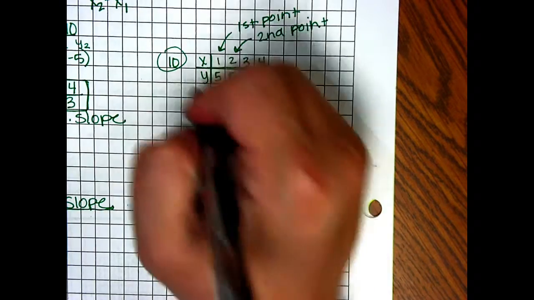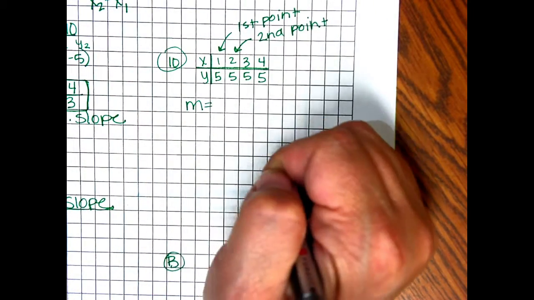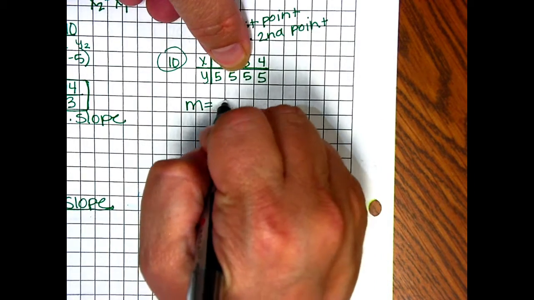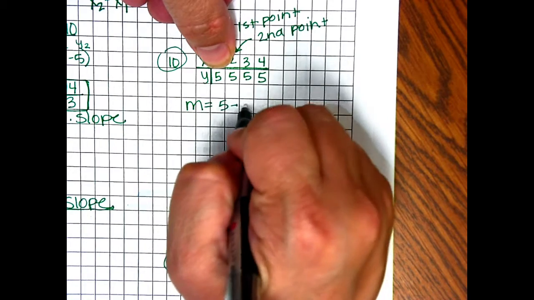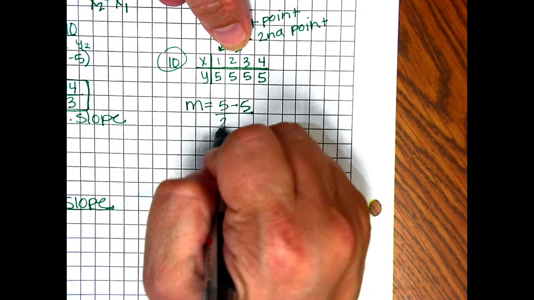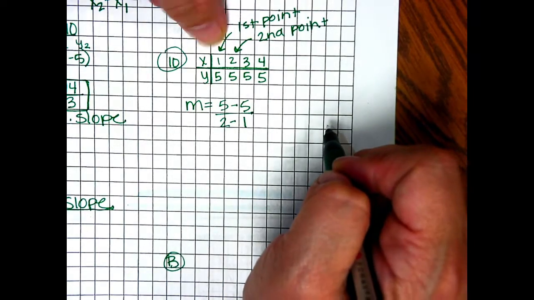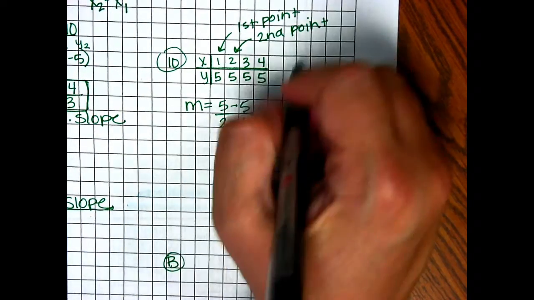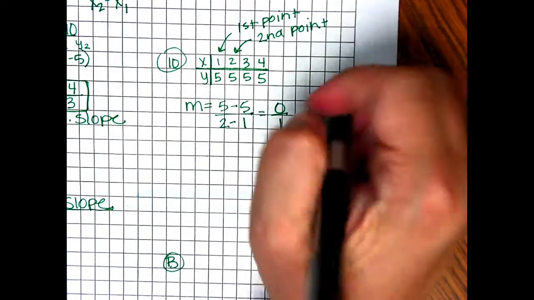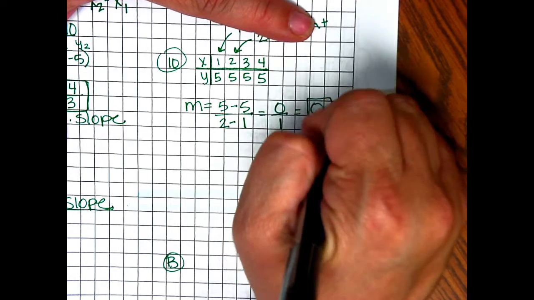So again, we're going to fill it into the slope formula. So y sub 2, 5, minus y sub 1, 5, over x sub 2, minus x sub 1. Okay, and 5 minus 5 is 0. 2 minus 1 is 1. And that will simplify into just a 0.